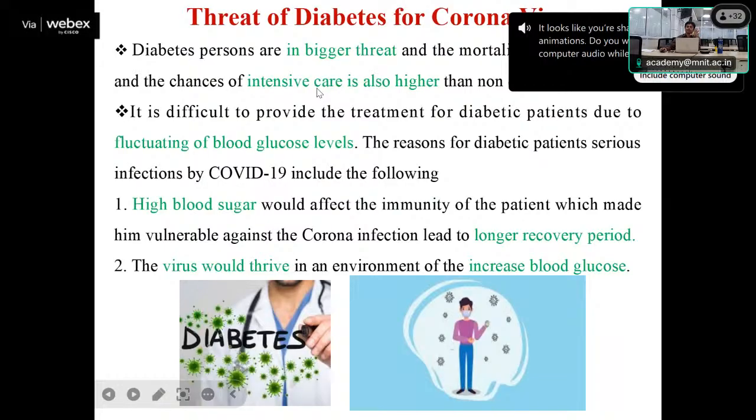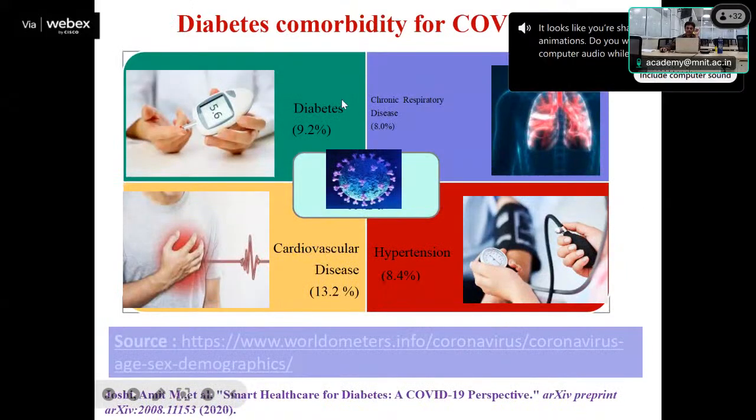So diabetes, which we consider as higher blood glucose, is definitely a more vulnerable case for any virus attack. You can observe that 10% of the COVID cases had diabetes.